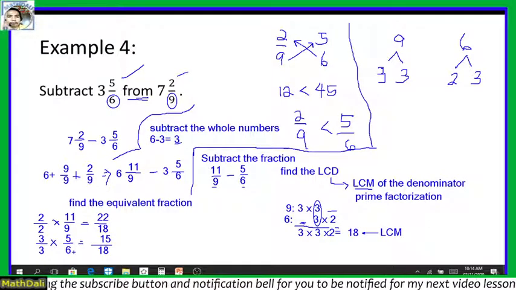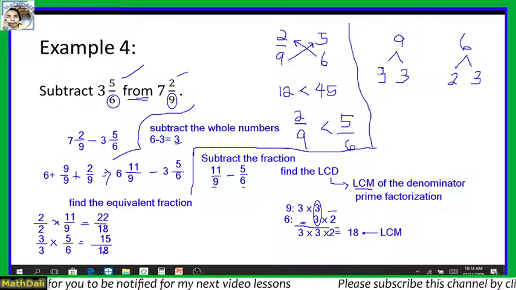Equivalent sa 5/6. Pag sinimplify nyo to, dapat bumalik kayo dito. Paano ba to i-simplify? Masisimplify to by dividing both numerator and denominator by the GCF, that is 3.